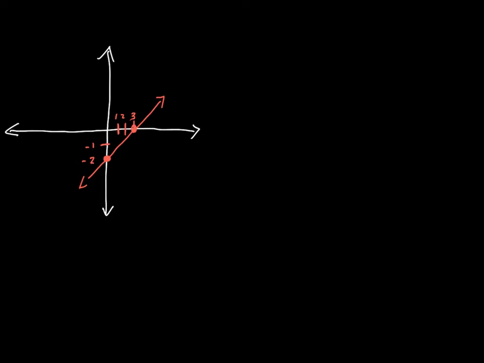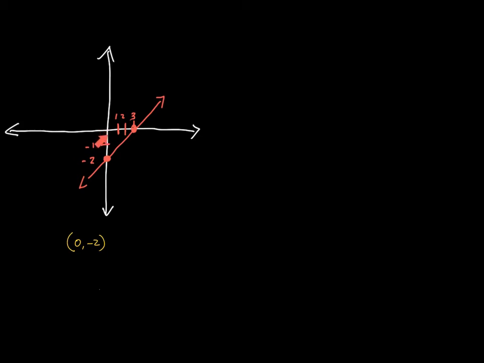Now we're going to be looking at the same information. We're going to try to find the slope, but we are going to be dealing with a graph. So the only thing that we're going to do is choose 2 points. In this case, we already have a point right here. So this point is going to be 0, -2, because we know that the vertical line is going to be your y-axis, and the horizontal line is going to be your x-axis.